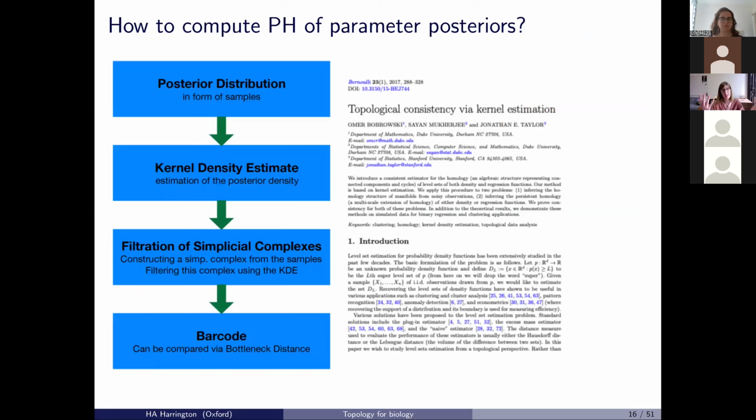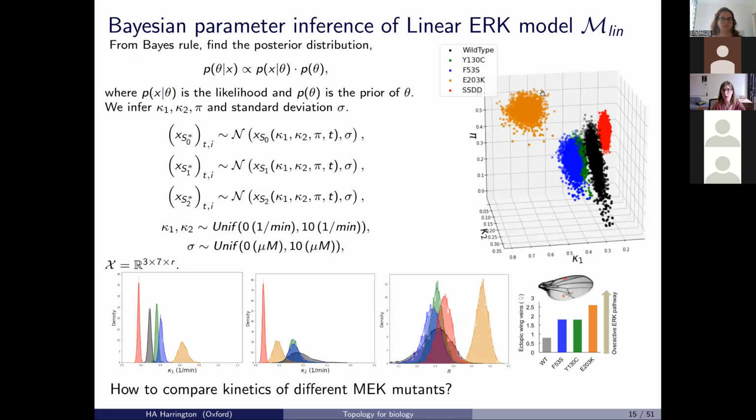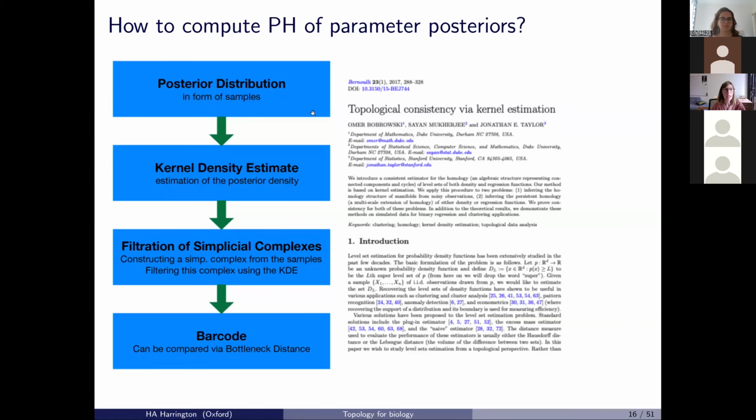One way that we did this, and this is our first application, it took me a little while to get to, is computing persistent homology of the parameter posteriors. We have a posterior distribution here in the form of samples, and we can estimate using a KDE of this posterior density, and we approximate the persistent homology of super level sets of these parameter posterior densities, and we use that with simplicial complexes, and then we compare them with the output of the barcode with the bottleneck distance.